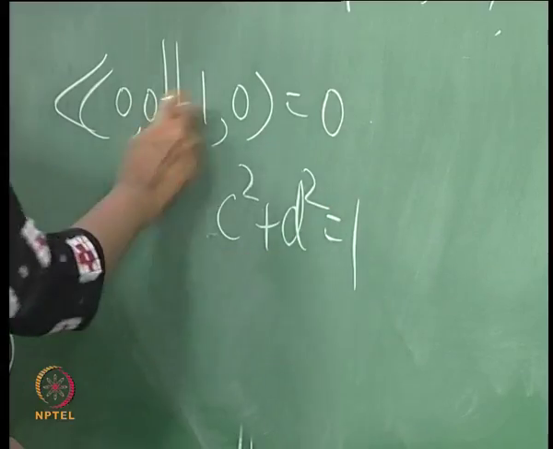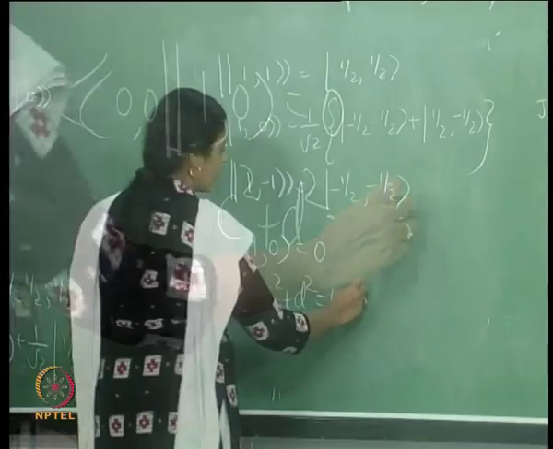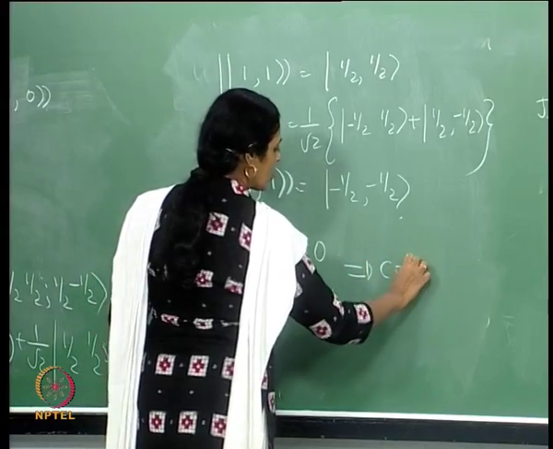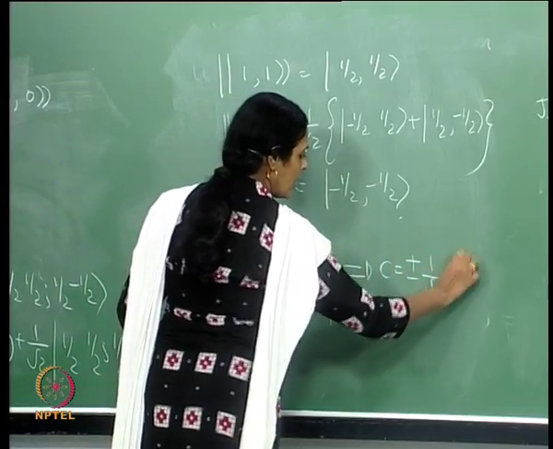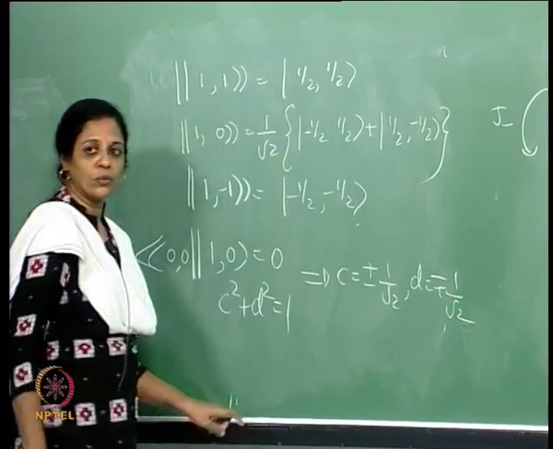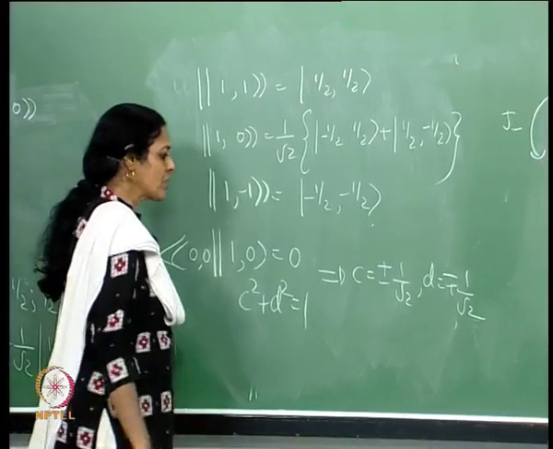And this, together with C squared plus D squared equals 1, since I know A and B, would give me that C is plus or minus 1 by root 2, and correspondingly D is minus or plus 1 by root 2. Either of them is correct.